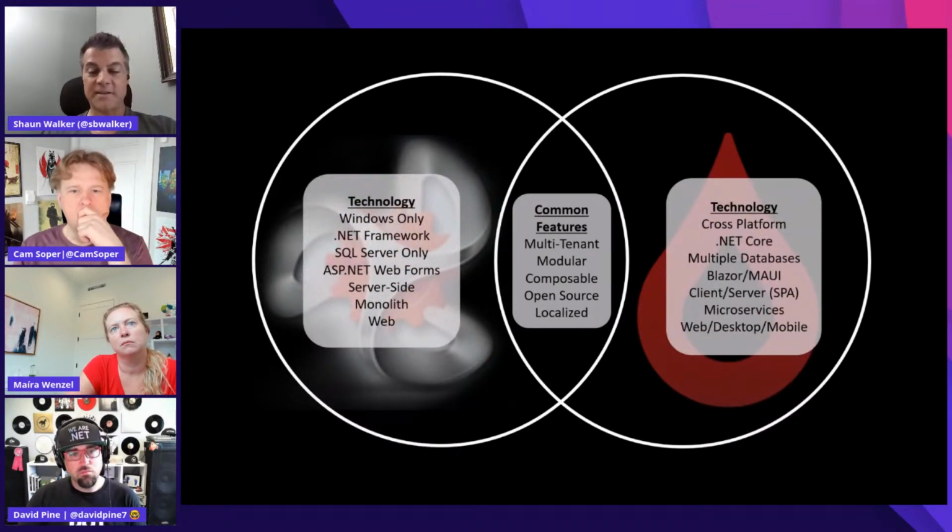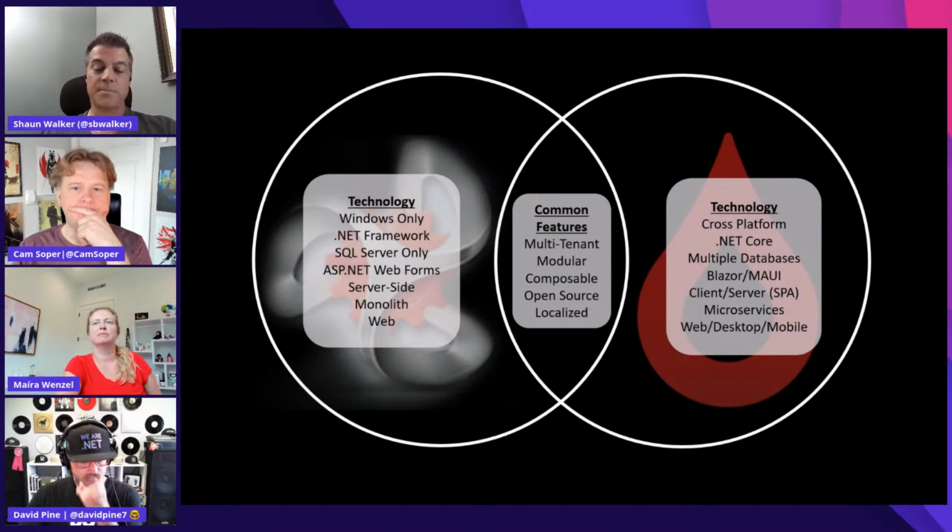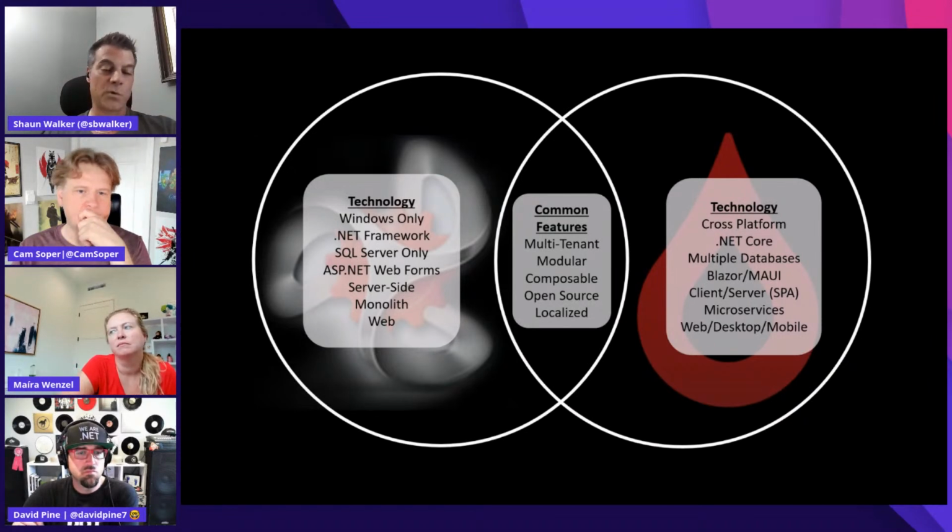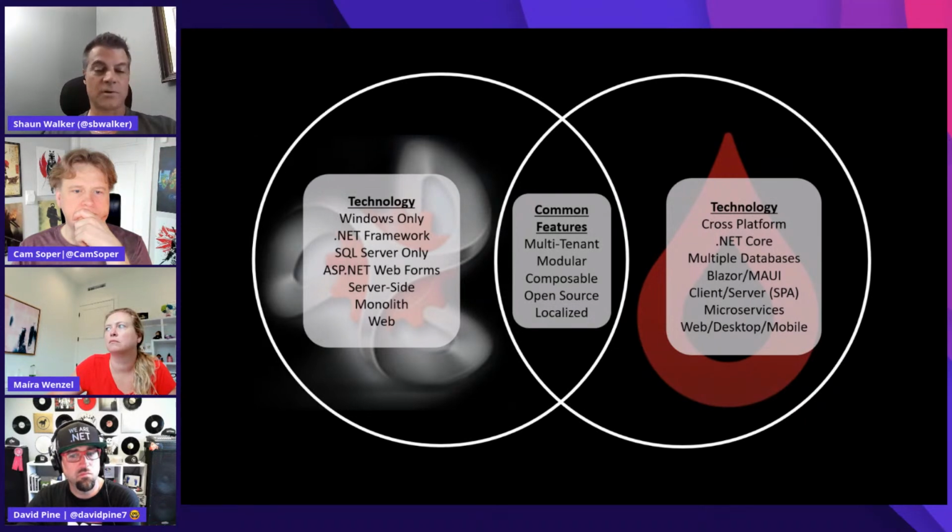But that's all conceptual features that are in common. From a technology perspective, they're like 100% different. Where .NET Nuke, from a technology perspective, only supported Windows, was built on the .NET Framework, only supported SQL Server, was built on the Web Forms UI framework, was completely server-side, was a monolithic application, and only supported web as its device.